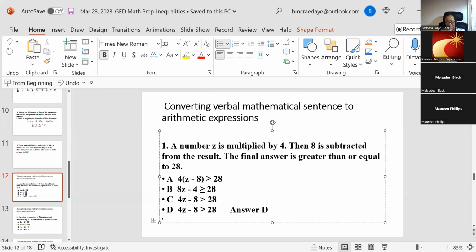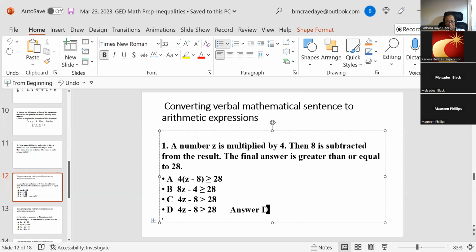Z wouldn't be 32; 4Z would be greater than or equal to 32, and Z is going to be greater than or equal to 32 divided by 4.